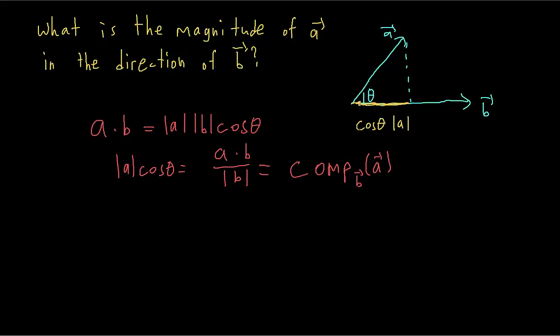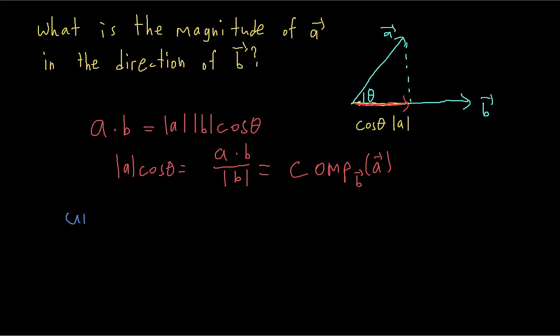But what if we want to know the vector projection, which is basically the vector with the length of the scalar projection? So it's the same thing in the diagram, we just add an arrow on the end and it becomes a vector. So well, we already have the magnitude of the vector projection, so all we have to do is get it in the direction of b.